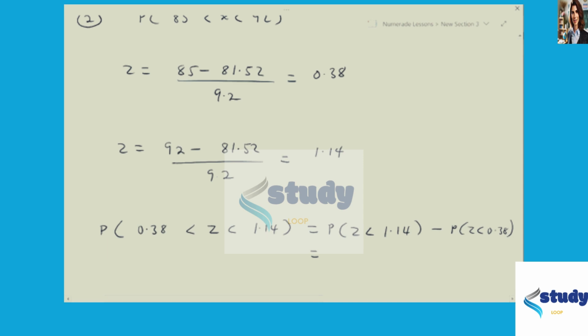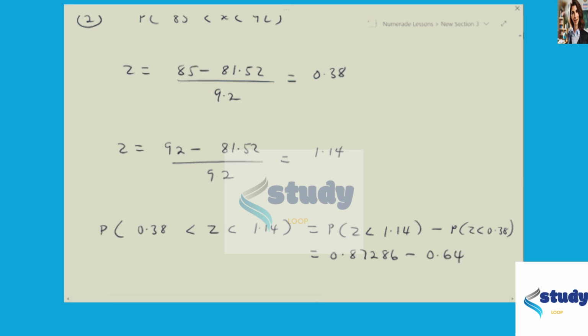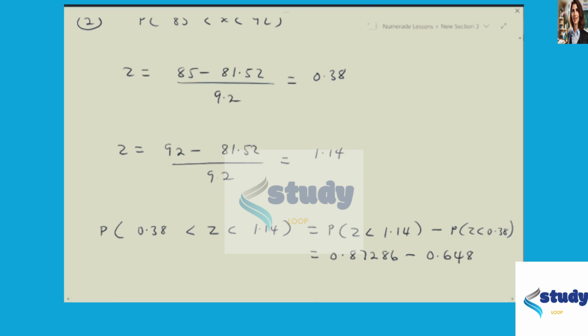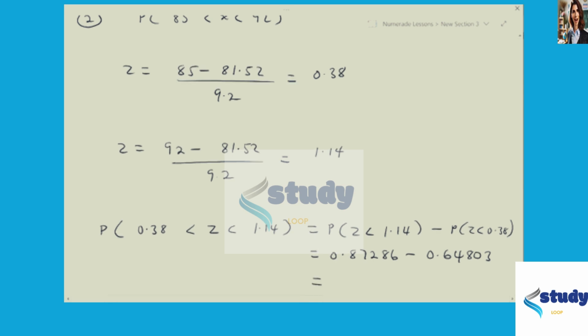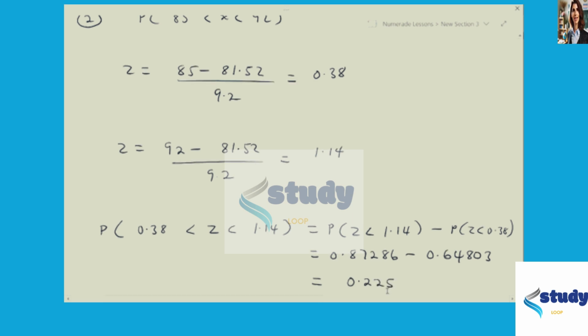Okay, so from the table we have 0.87286 minus 0.64803, and that gives us 0.225.